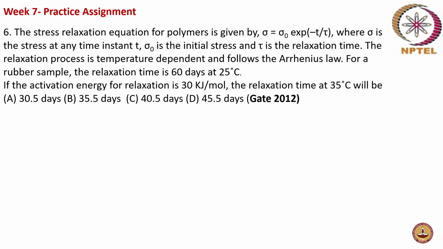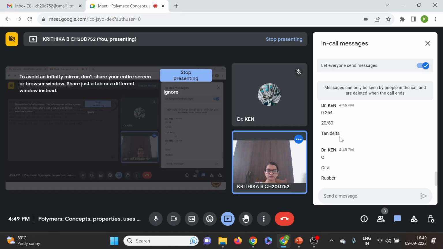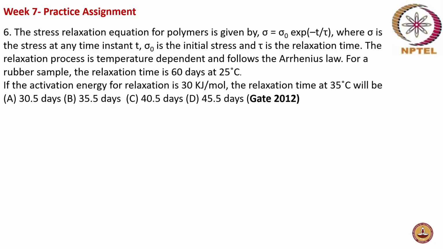So how do you calculate this? They have given the stress relaxation equation for a polymer, and they've also given that the relaxation process is temperature dependent and follows Arrhenius law. For a rubber sample, they've given a relaxation time of 60 days at 25 degrees.